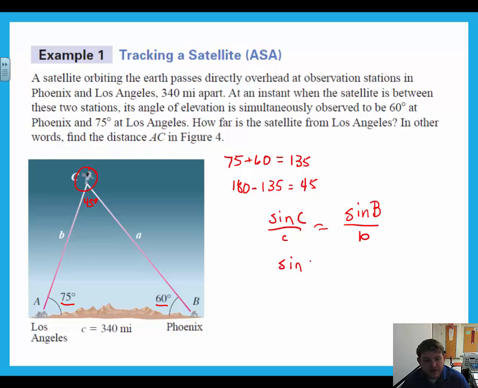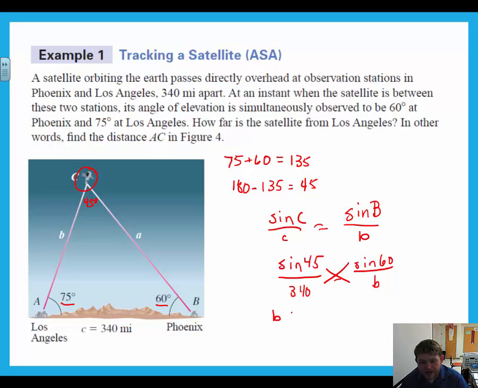Sine of big C is 45 degrees, divided by little c, which is 340, is equal to sine of big B, so sine of 60 degrees, over little b, and we don't know what little b is. So if we were going to solve this, we would cross multiply, okay?